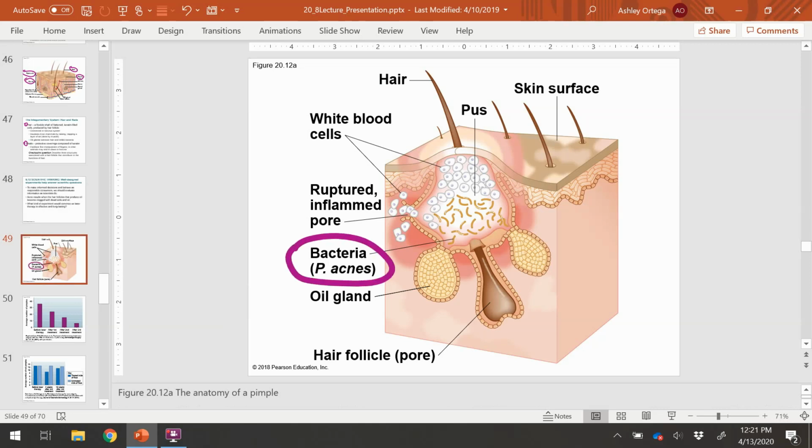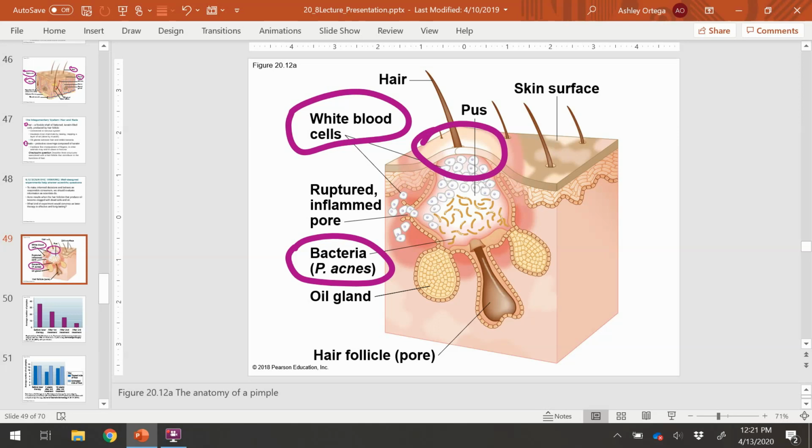And so the bacteria will be detected by the circulatory system, and the white blood cells that function in defense will come and gather and try to kill the bacteria. When they gather, they actually form an enlargement on the skin, which is what we usually know as the pimple.